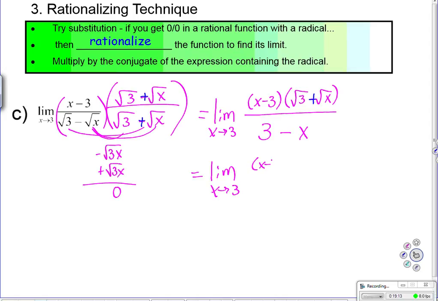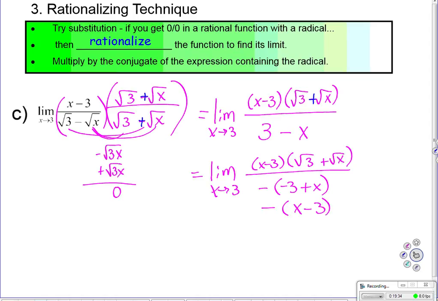I'm going to rewrite my top. The clever trick: let's factor out a negative from this. So I factor out a negative, and that would make this negative 3 positive x. And then, addition, we can change the order of addition. It's commutative, that commutative property. So I end up with this.